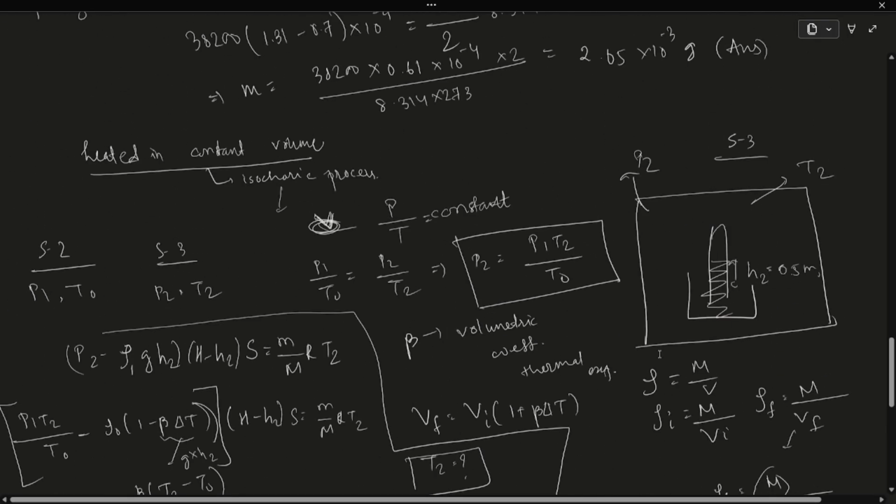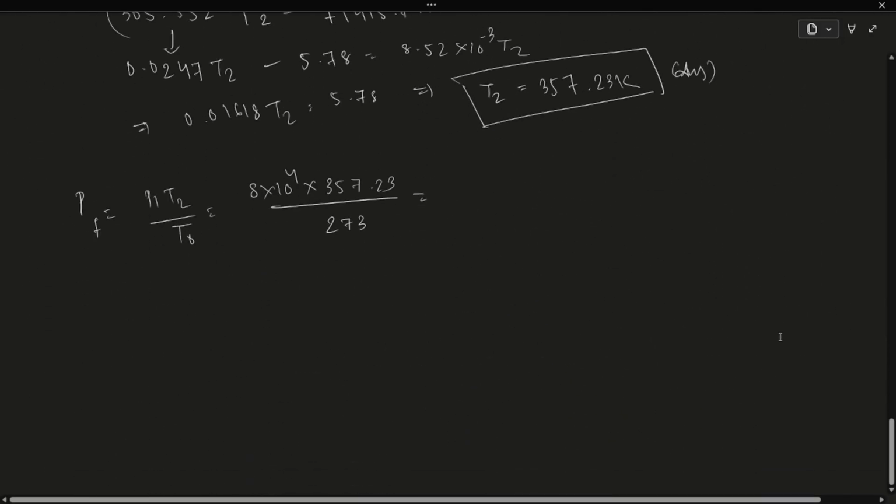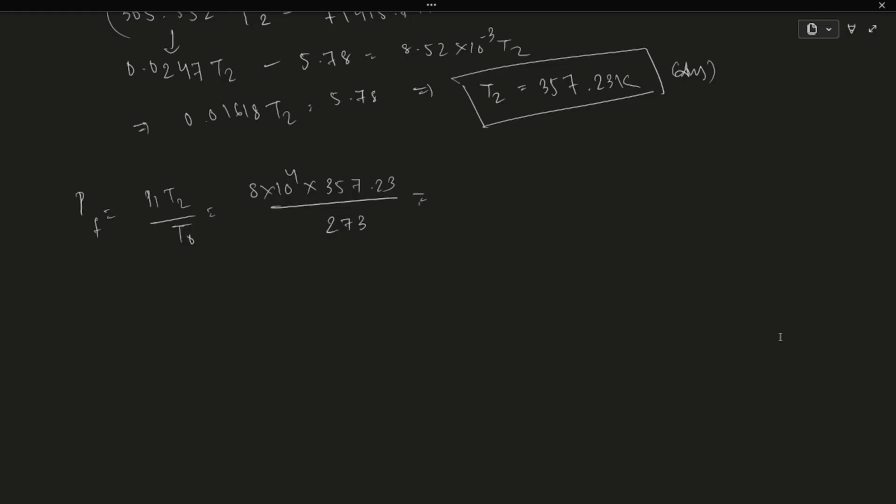So 8 into 10 to the power 4 into 357.23 divided by 273 gives 1.046827839 into 10 to the power 5 Pascal.